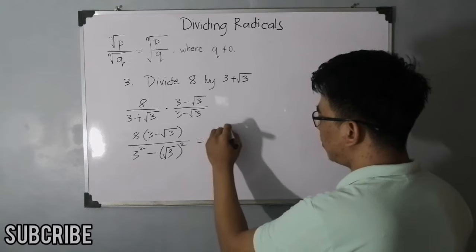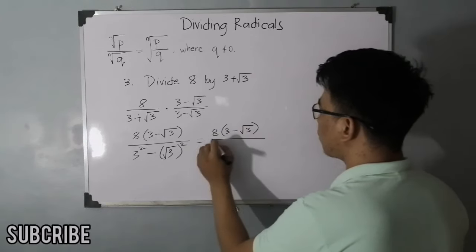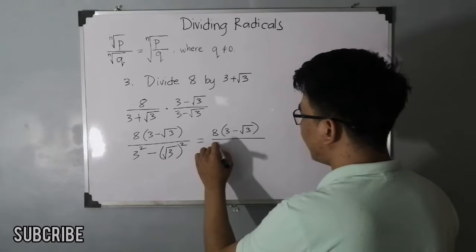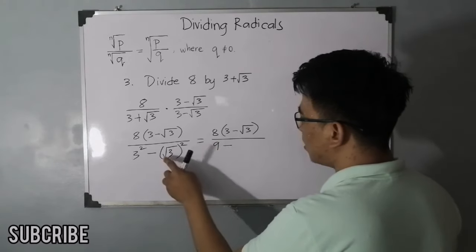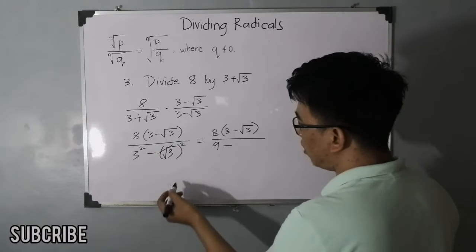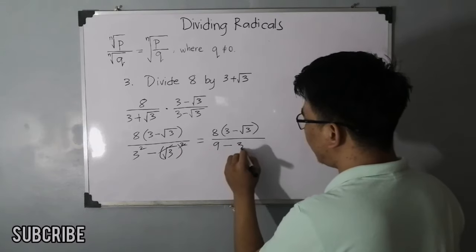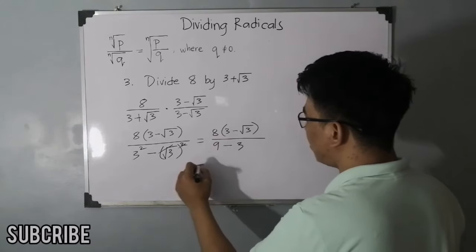8 times 3 minus the square root of 3 over 3 squared, which is 9, and then minus, ang square root of 3 squared natin is just cancellation of the radical sign and the square. So you have 9 minus 3. And as you can see, you can simplify this one.